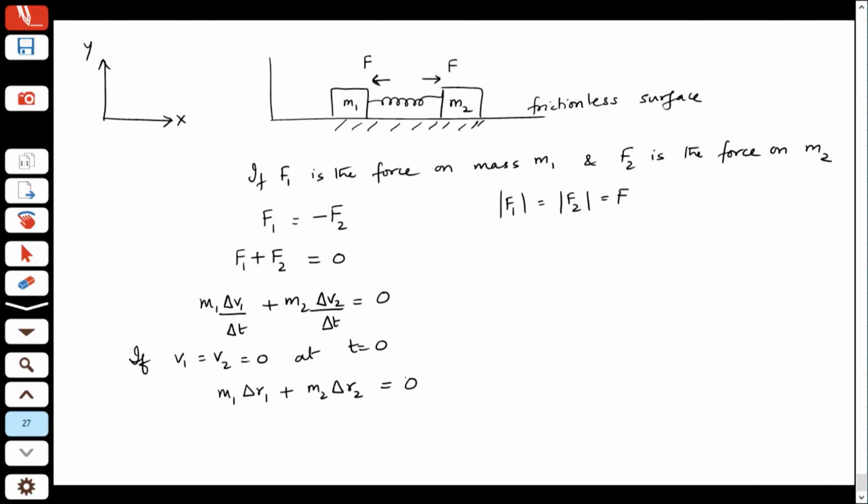So, what does this tell me? This tells me that the center of mass of the system does not move. Applying only internal forces cannot make me change the center of mass of my system.